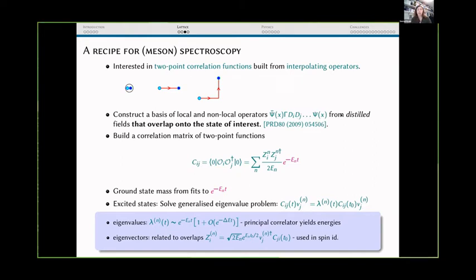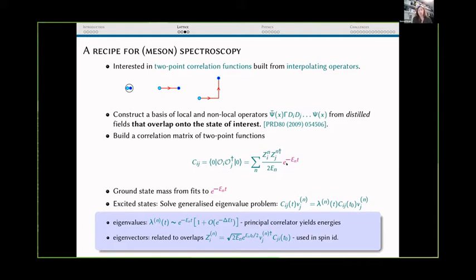Now, again, for the experts in the audience, the results that I'll show you will be using distillation, which has proven to be really very useful for hadron spectroscopy. Using these techniques, we can build large correlation matrices of two-point functions, which you can write like this, where you have a sum over states, each with exponential behavior like this.